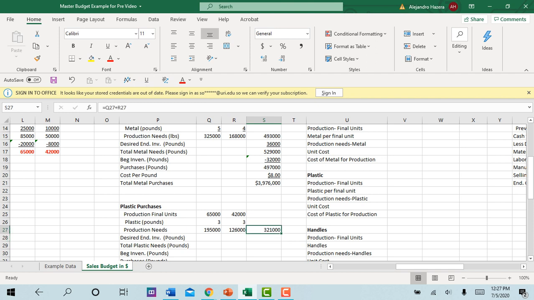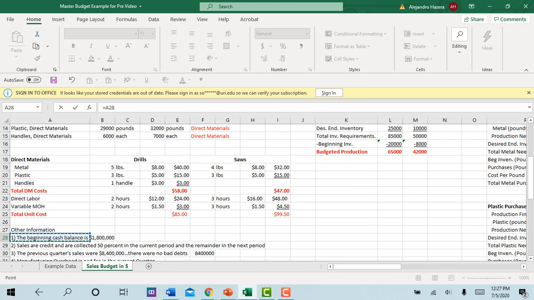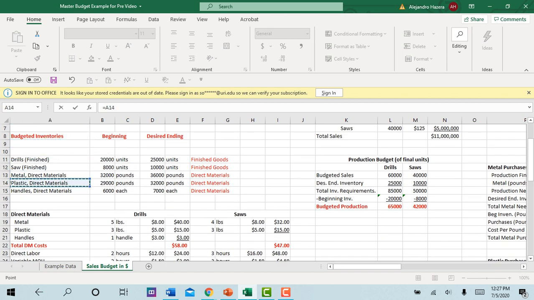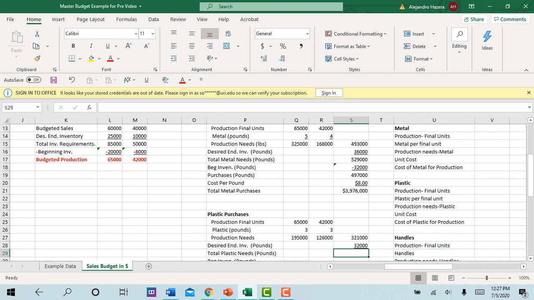So for both products, we are going to need 321,000 pounds of plastic. Now we have to add in our desired inventory here, and our desired inventory comes from there, that number right there. 32,000 is our desired inventory, 32,000 pounds.